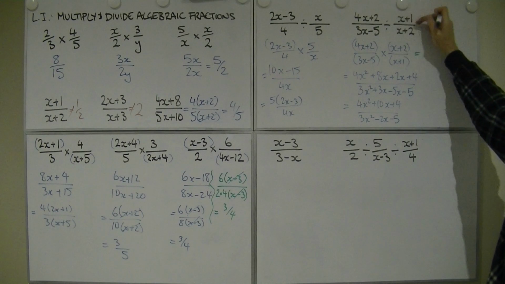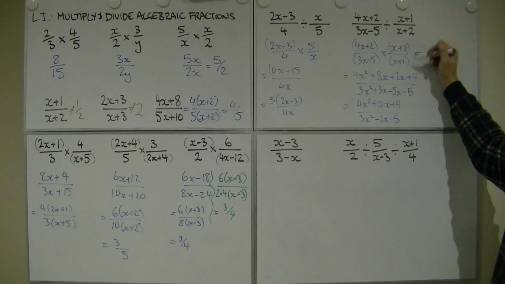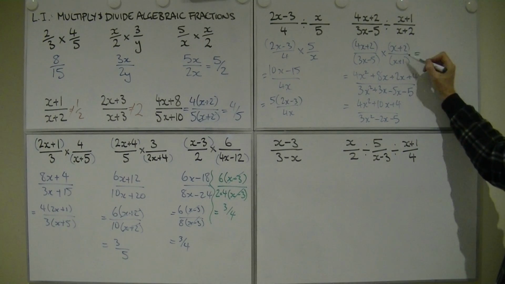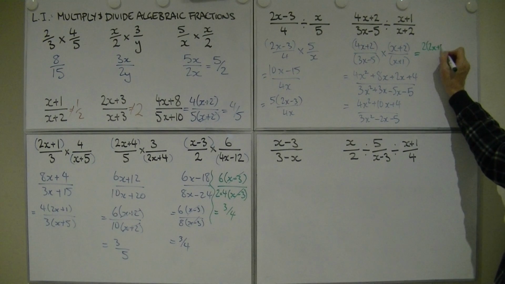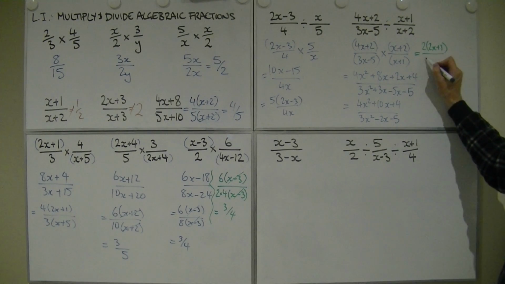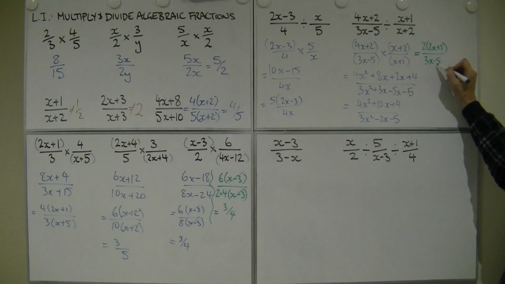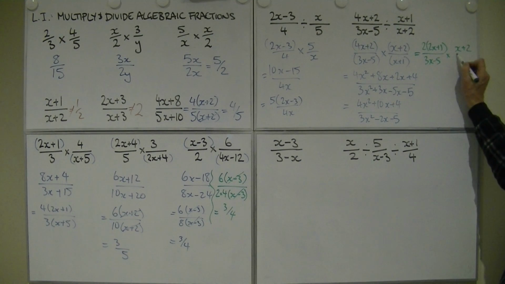Still flip that thing upside down before you do anything else, just so you don't mess up which side's the top and bottom for the second guy. Well this guy up here, I could change to 2x plus 1. Is that right? Yep. This guy is going to stay as 3x minus 5. And I've got x plus, yeah that's right, x plus 2.